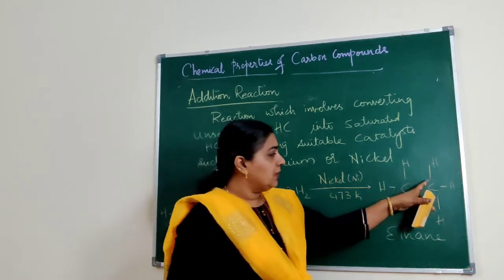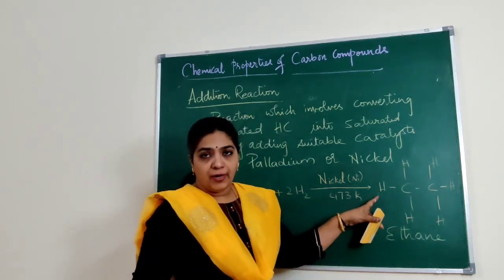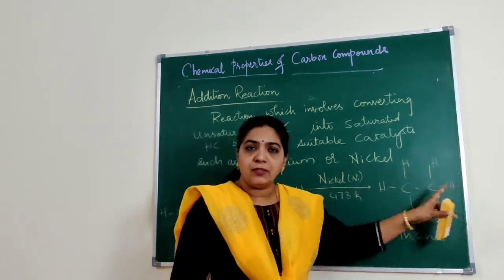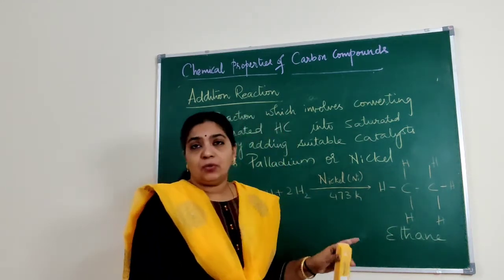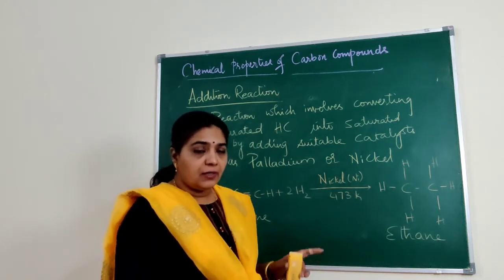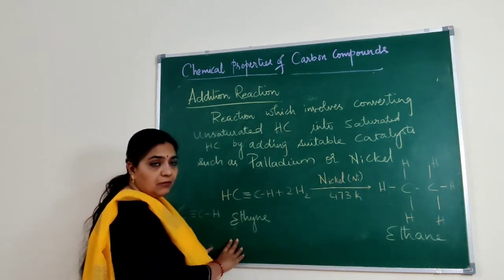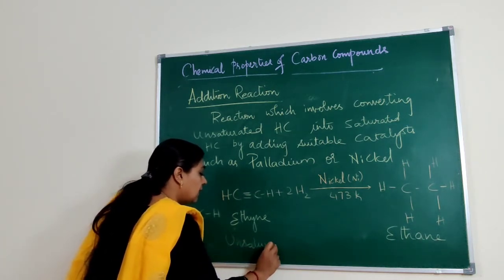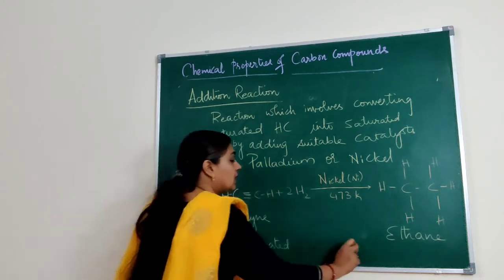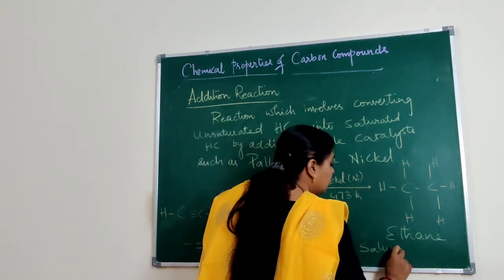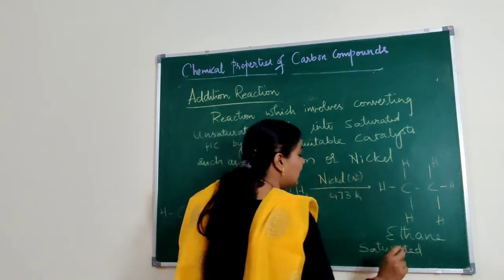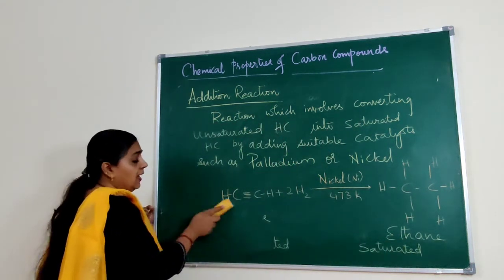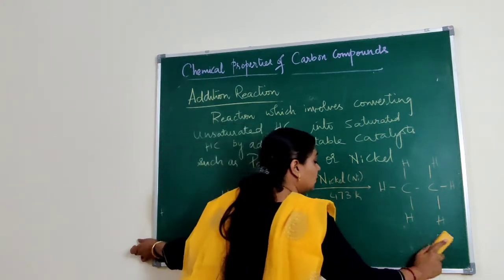And here it has contributed 4H, and its own 2H. So it totally became C2H6. So it has converted from ethyne, which is unsaturated, to saturated hydrocarbon. This is called addition reaction. They are adding the hydrogen, and that is why it is called addition reaction.